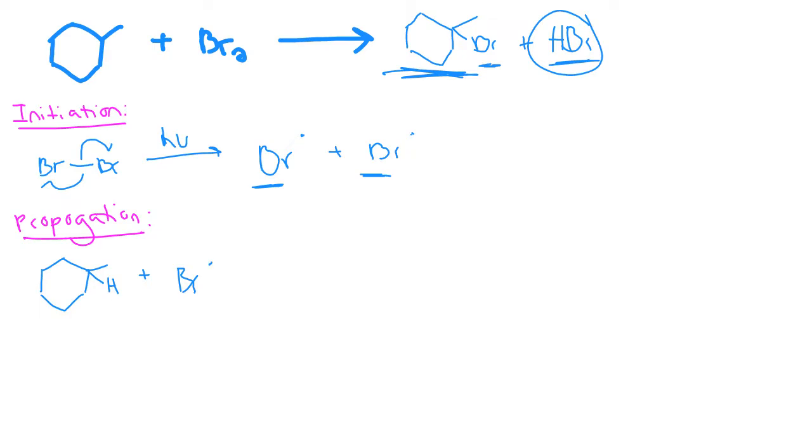Okay. So now this bromine radical is going to attack that CH bond on the ring, which will break that bond. 1 electron from the bond will go in between the hydrogen and bromine to form an HBr bond, along with that single unpaired electron from the radical.